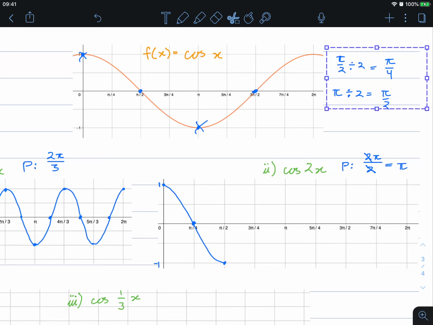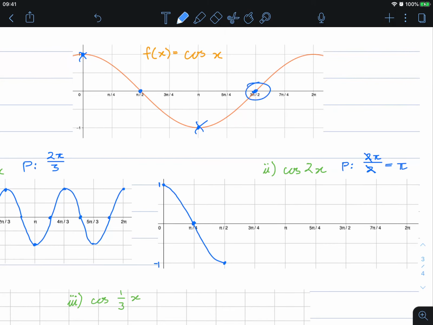So that latest point here is now going to be divided by 2 as well. So 3 pi on 2 divided by 2 becomes 3 pi on 4. So it's originally 0 at 3 pi on 2. It will now be 0 at 3 pi on 4, like this.